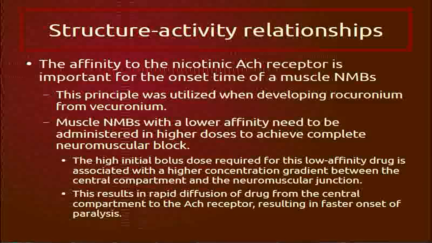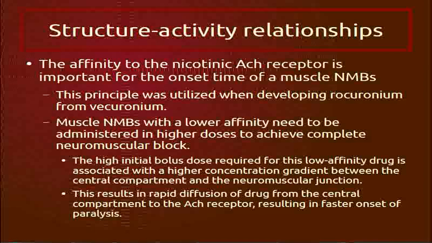If you take vecuronium and you look at its usual formulation, usually it's mixed at 1 milligram per ml. And then you look at rocuronium or Zemuron, and how does it usually come? 10 milligrams per ml. So each vial is telling me that I'm giving roughly 10 times the dose with rocuronium.